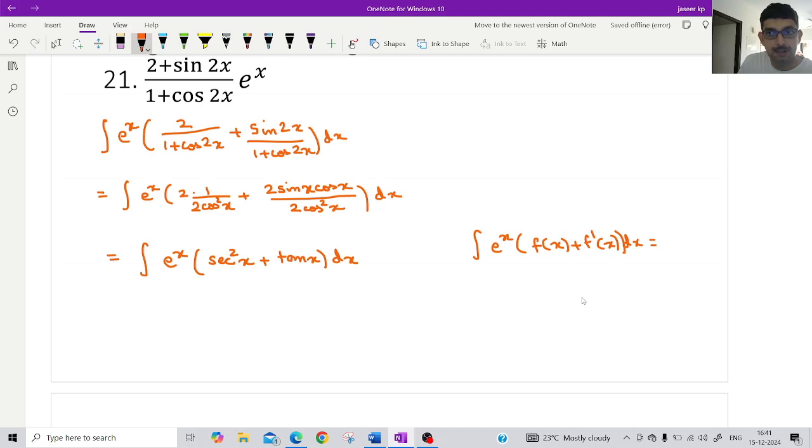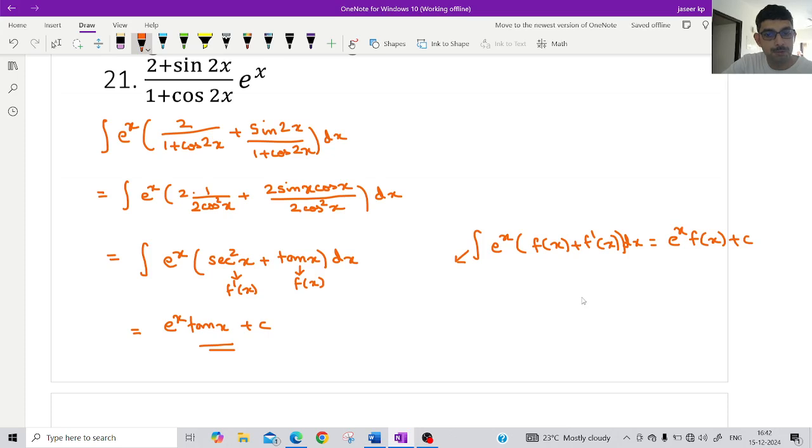So this will become e power x f of x plus c. Here the derivative of tan x, which is secant square x, is f dash of x, so it is in that particular form only. According to this property, the answer will come as e power x tan x plus c. That will be the answer to this problem.